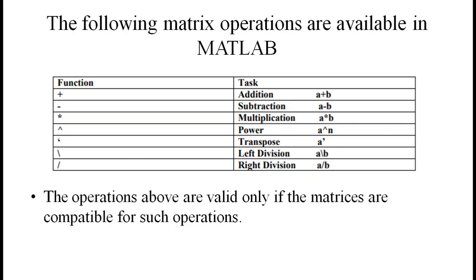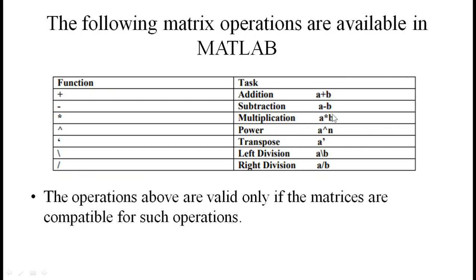Now there are different matrix operations that are used for solving problems, like plus, addition, minus, subtraction, multiplication, for doing all these arithmetic operations on different matrices, right? So we have A and B two matrices.